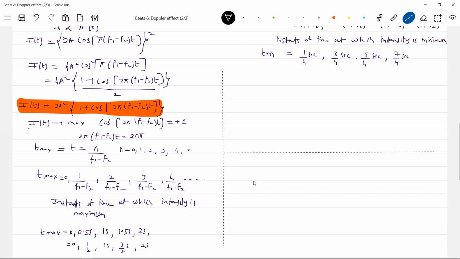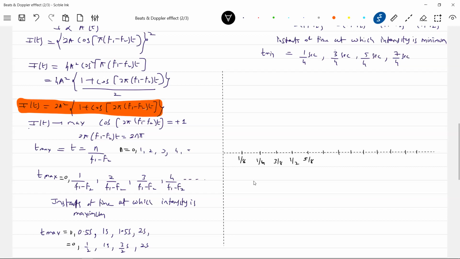So what shall we do now? What is the half time period coming? So we'll take 1 by 8, 2 by 8, 3 by 8. And then I have to take the instances. Rough graph. What are the instants of time? 1 by 8, 2 by 8 will become 1 by 4. 3 by 8. 4 by 8 will be 1 by 2.